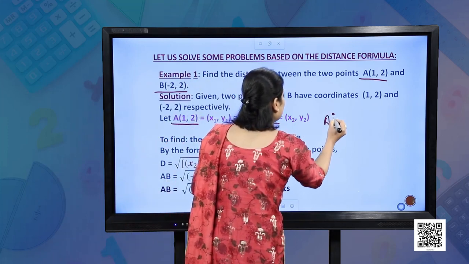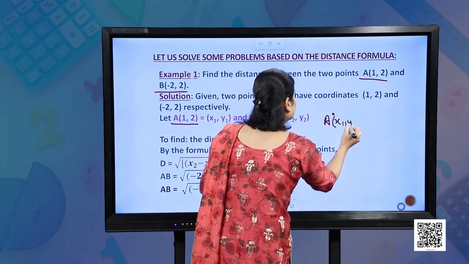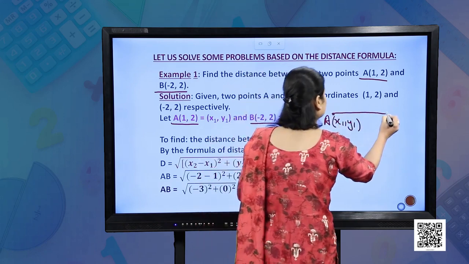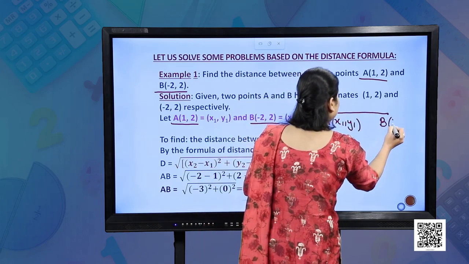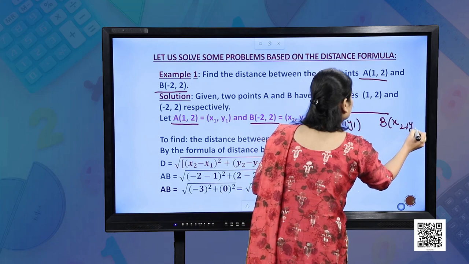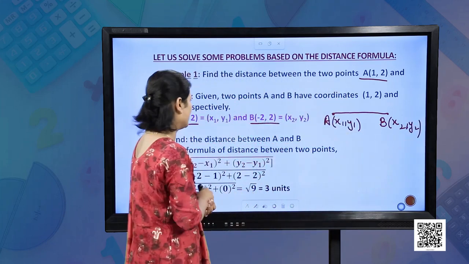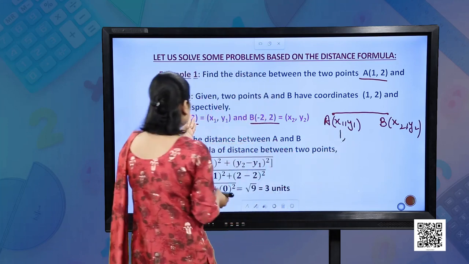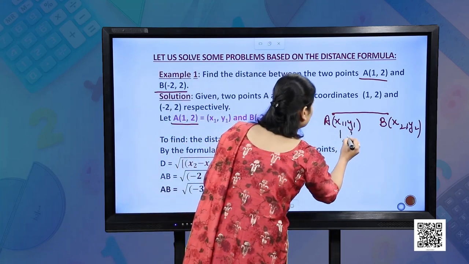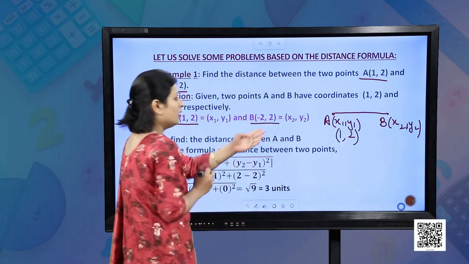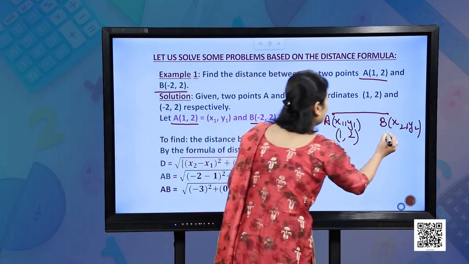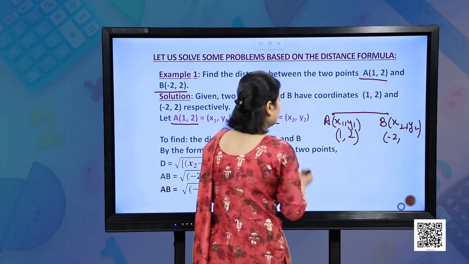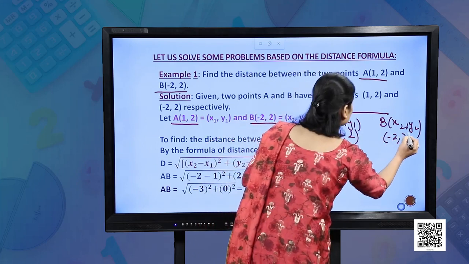Suppose this is point A and this is point B, and I need to find the distance between these two points. Here the value of x1 is 1, y1 is 2, x2 is minus 2 and y2 is 2.